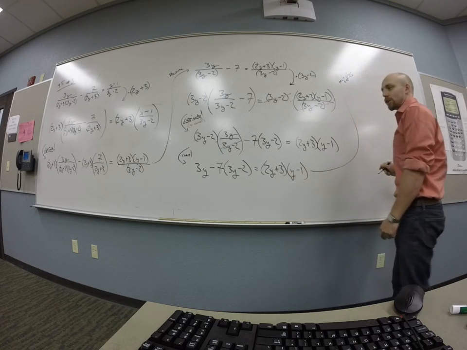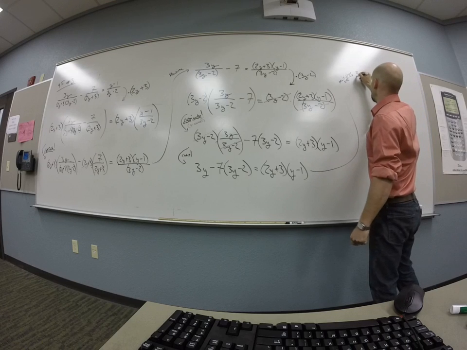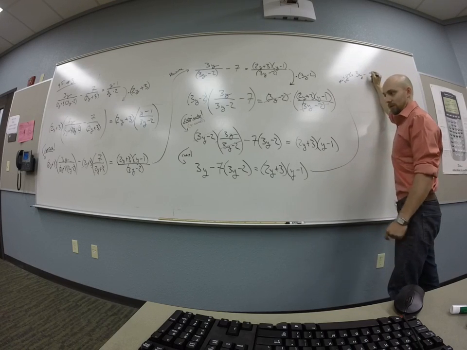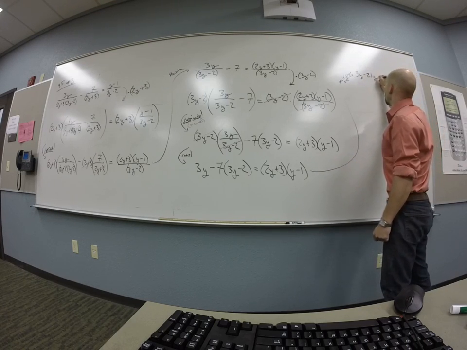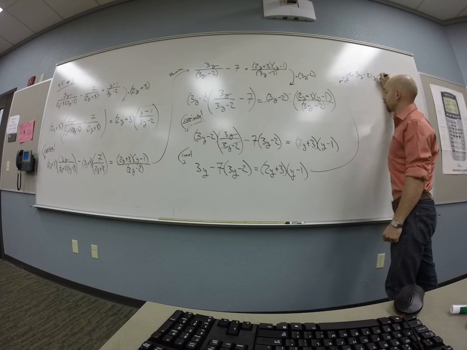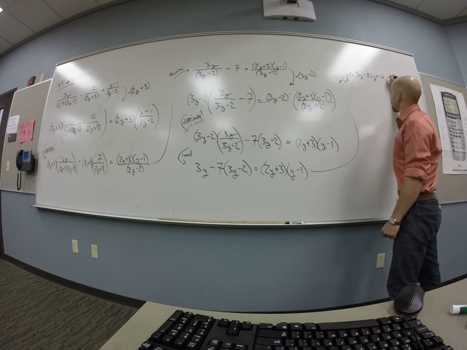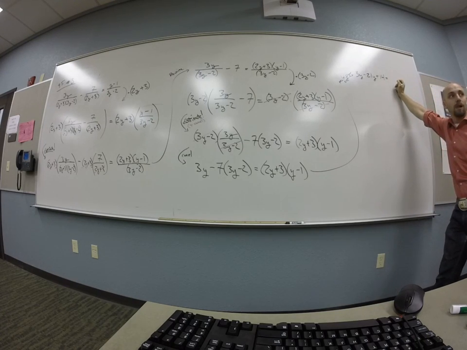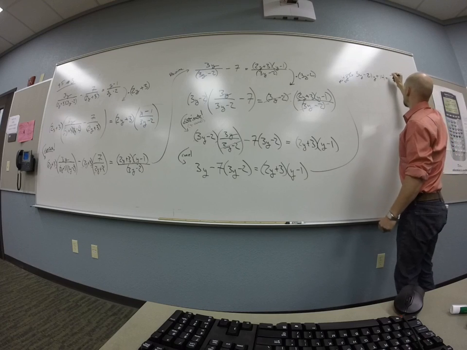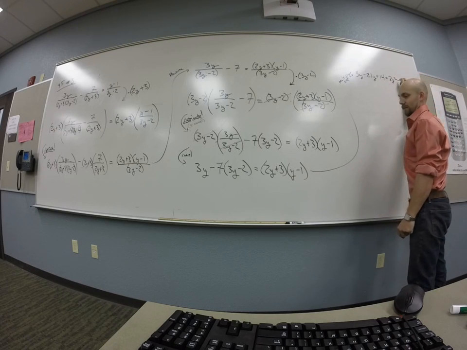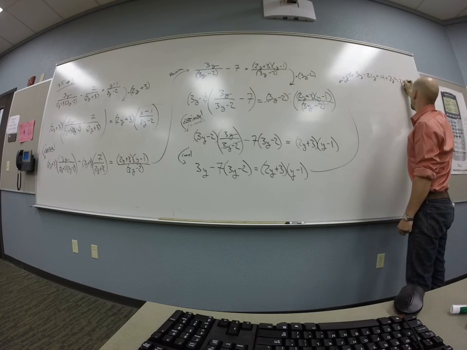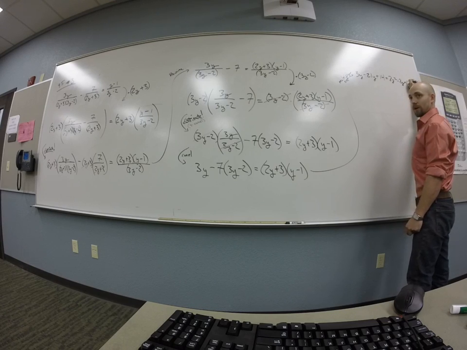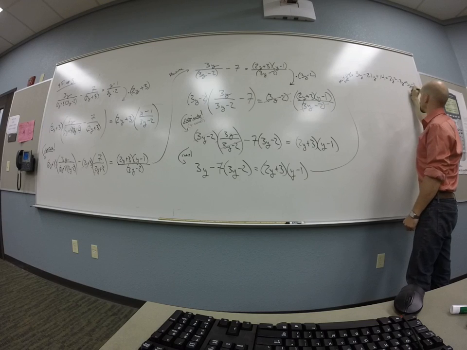Right, so we multiply all this junk out. So we've got a 3y minus 21, 21y plus 14. I'm liking that, Jennifer. Thank you. Equals 2y squared minus 2y plus 3y minus 3.